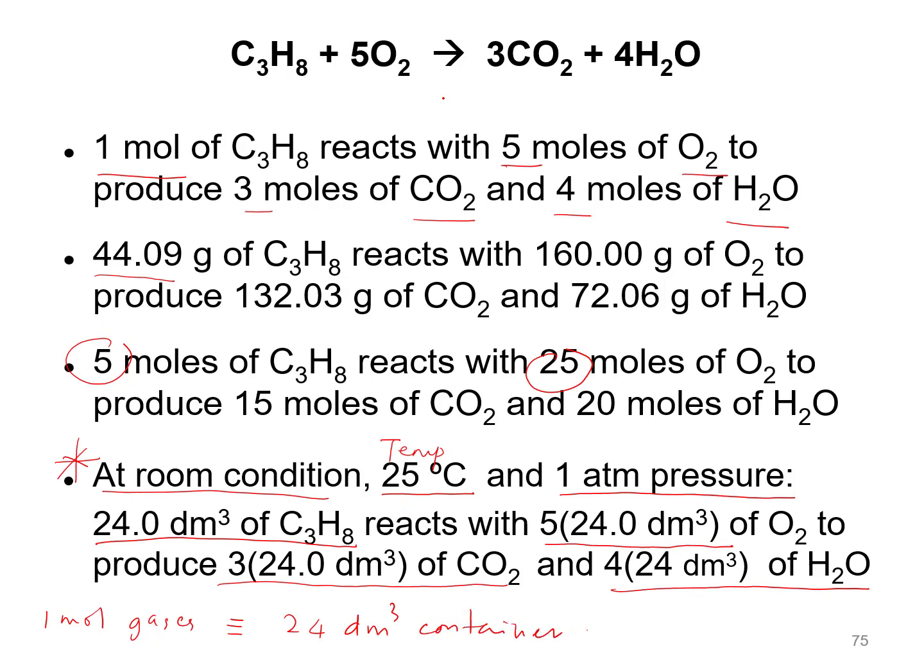So here propane is a gas, oxygen is a gas, CO2 is a gas, and water is a gas. So 1 mole occupies a 24 dm cube container. This is 5 times 24 dm cube, the size of the container.